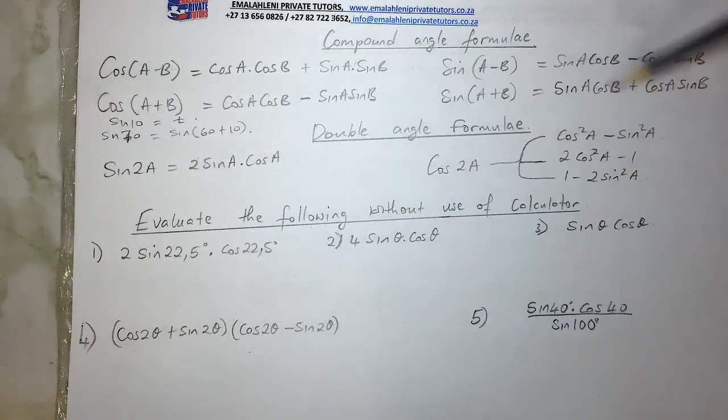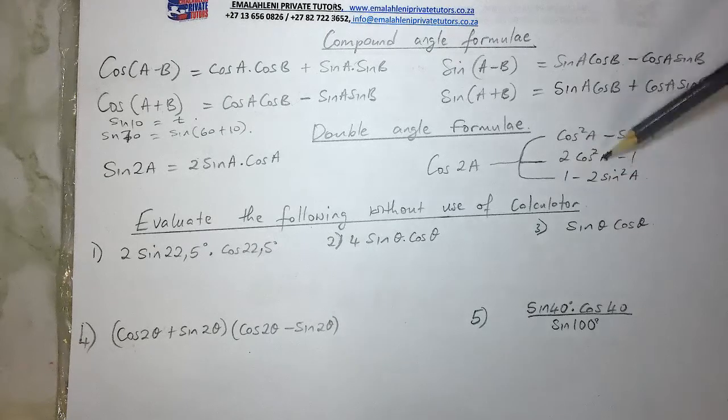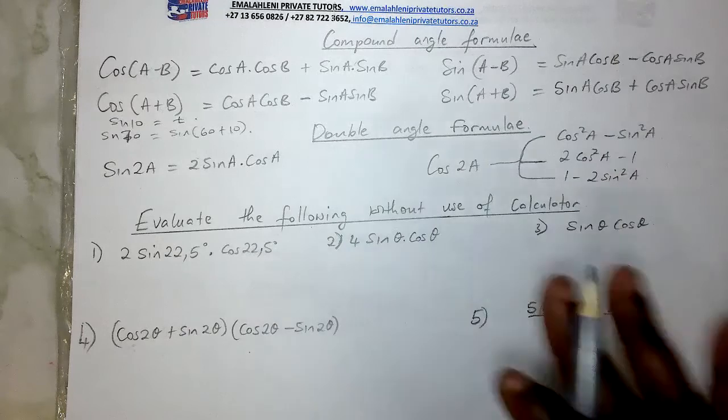You must be wise in choosing which one to apply, especially when you're proving identities. We must choose according to what we have. So it requires some thinking, and you need to know where to apply it and where not to apply it.